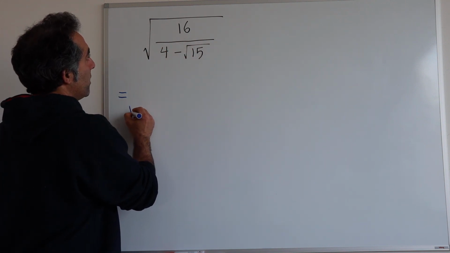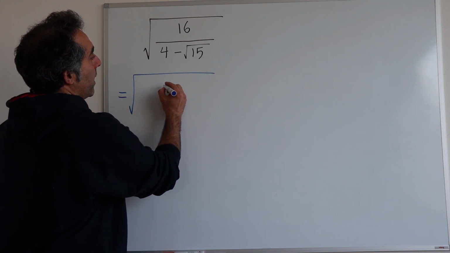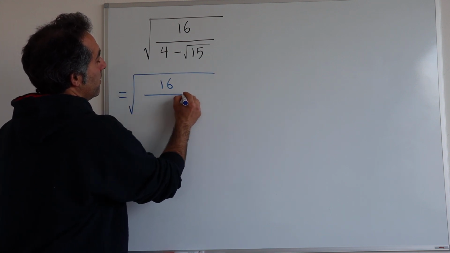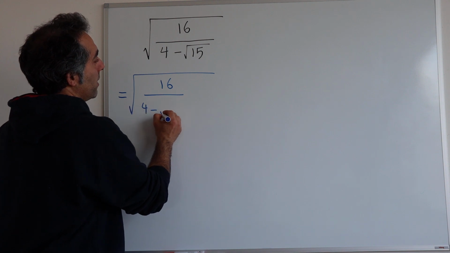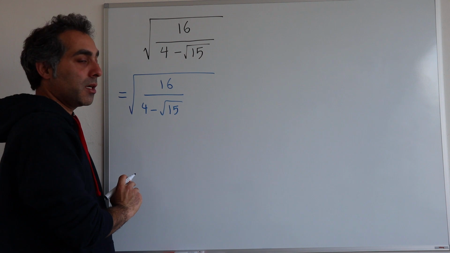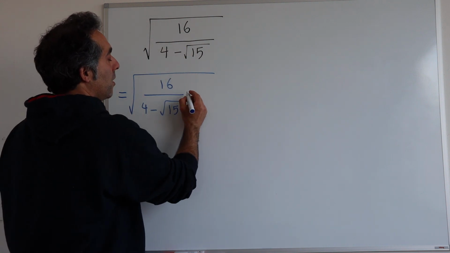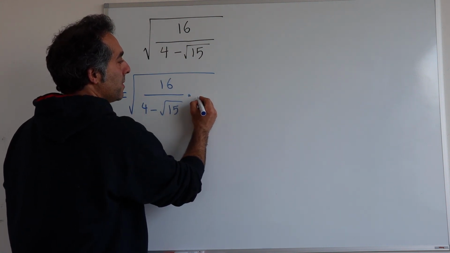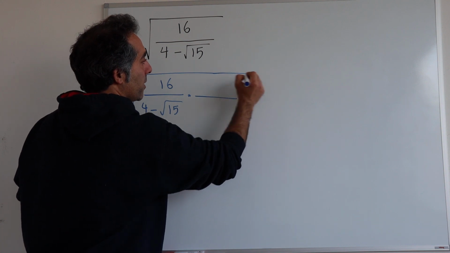So I can write it again: 16 over 4 minus the square root of 15, the same main equation, times the conjugate of the denominator.